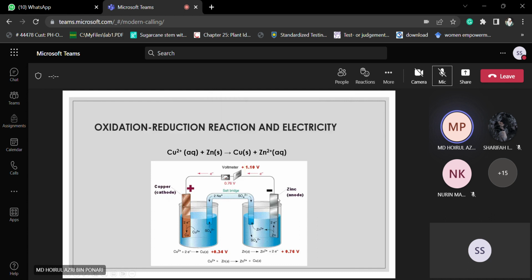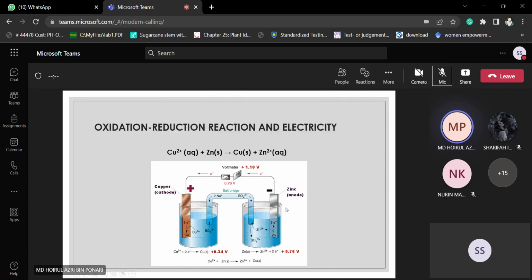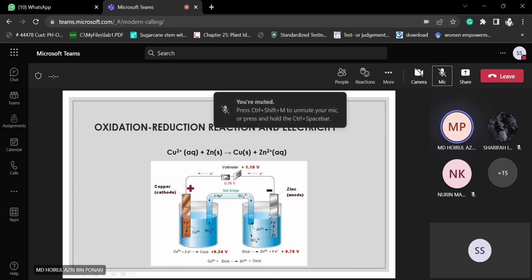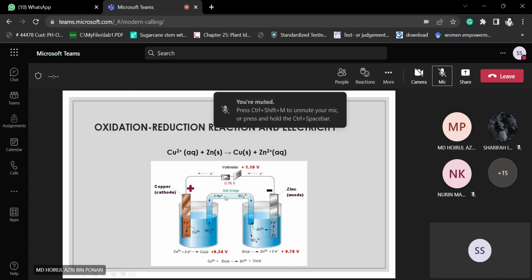We have an anode and a cathode, a positive electrode and a negative electrode. We have solutions in which the redox reactions will occur, in both solutions. And then we have a salt bridge. The salt bridge connects the solutions. In galvanic cells, the salt bridge contains ions so that the redox reactions can happen.